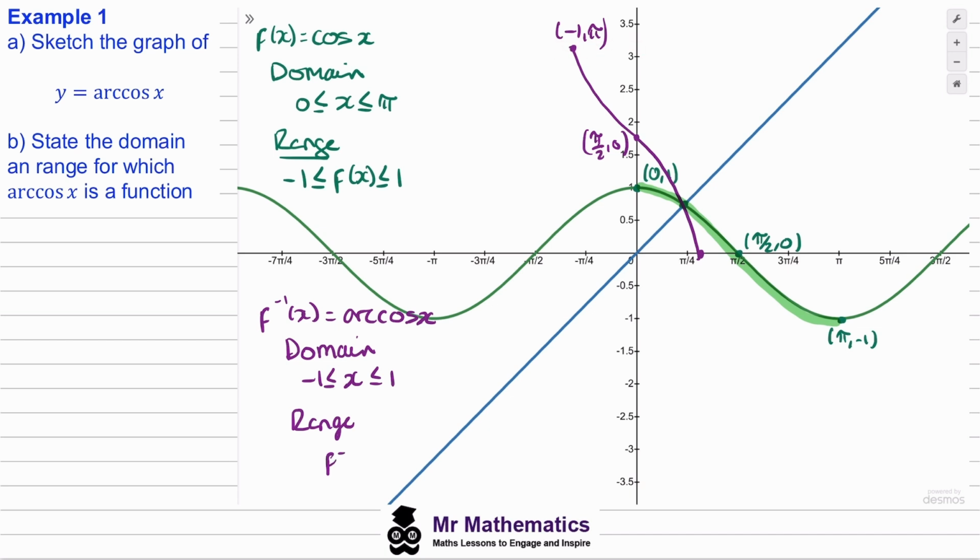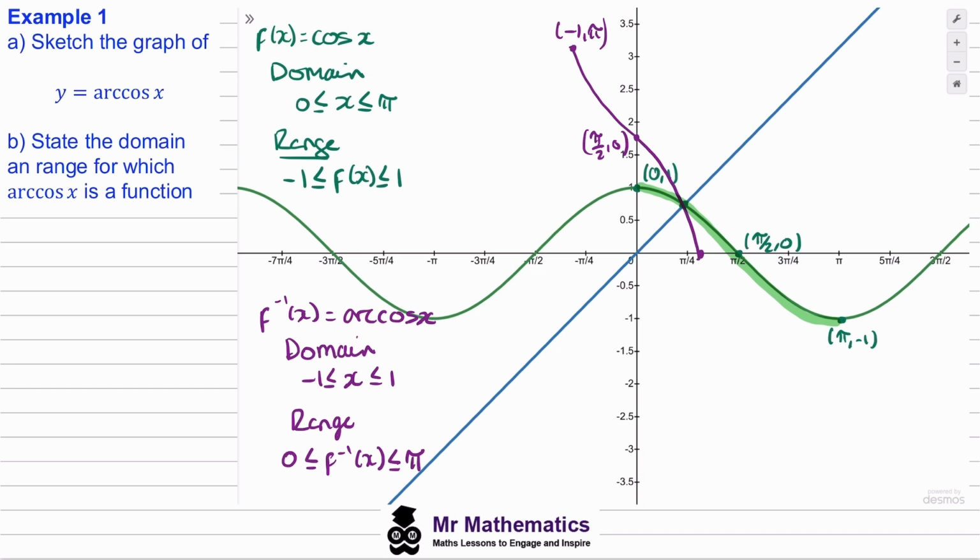So the inverse function is less than or equal to pi, but greater than or equal to 0. And we can see that this makes sense, because the elements in the domain of the original function are mapped to the range in the inverse function, and the elements in the range are mapped to the elements in the domain. So by restricting the domain of cos of x, we can define arccos of x as a function.